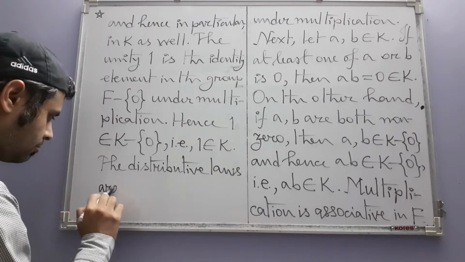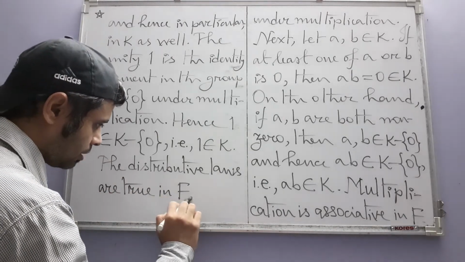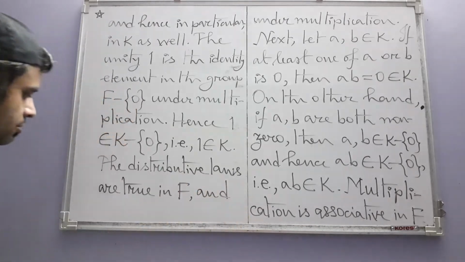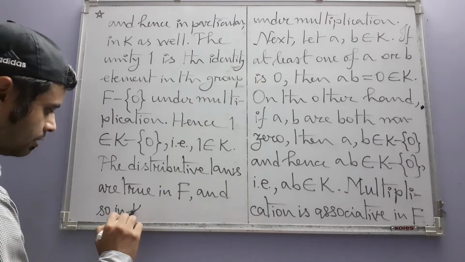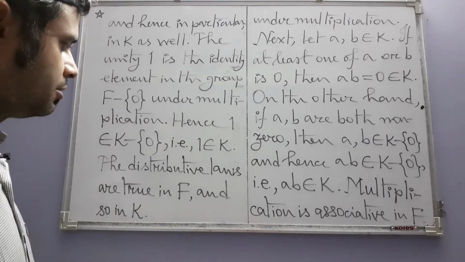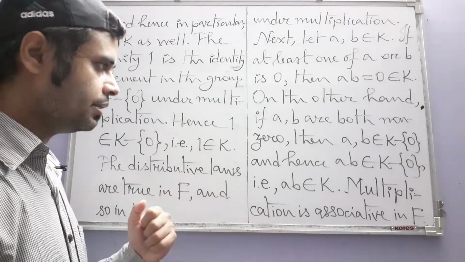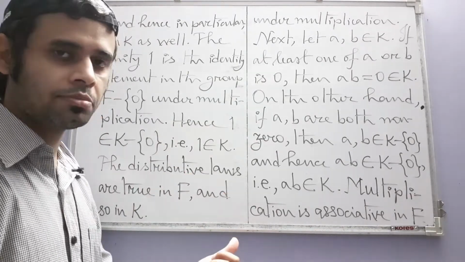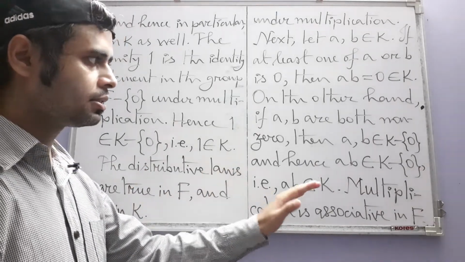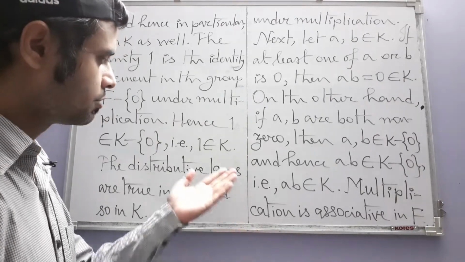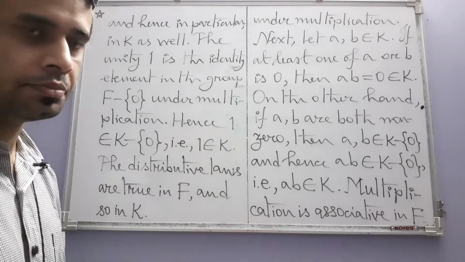The laws are true in F, and so in particular they are also true in K. That means here we have shown that K is a ring under the addition and multiplication that we have in F, and because the multiplication is coming from a field, it is commutative. So this is a commutative ring, and that too with unity.